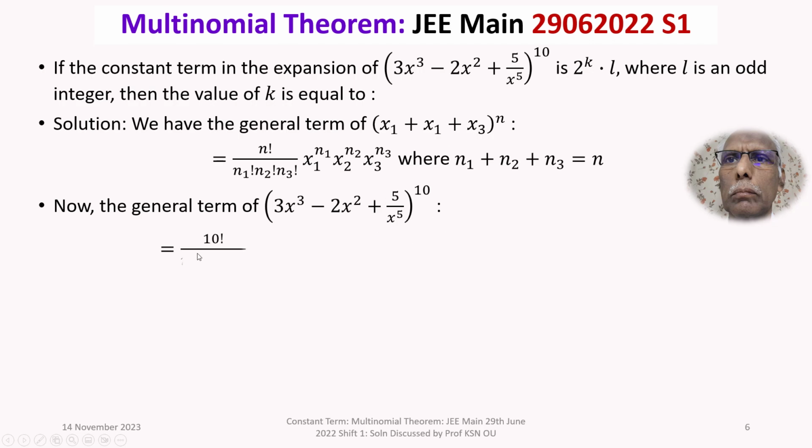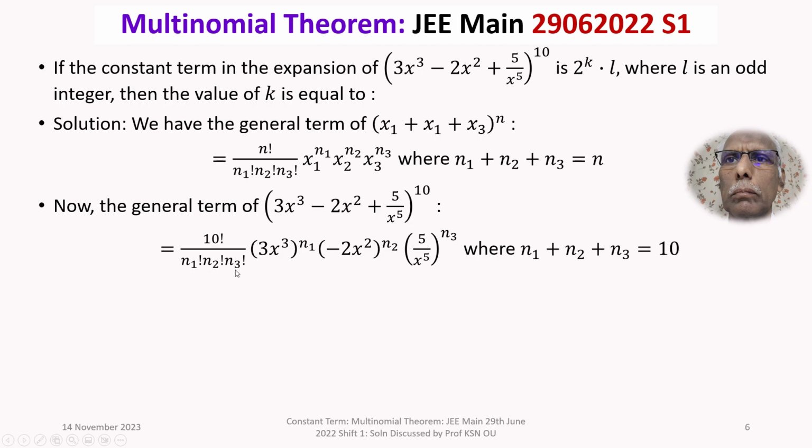The general term is given by 10 factorial by n1 factorial into n2 factorial into n3 factorial, into (3x^3)^n1 multiplied by (-2x^2)^n2 multiplied by (5/x^5)^n3, where n1 + n2 + n3 = 10.